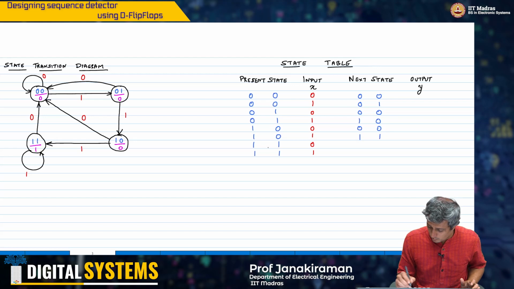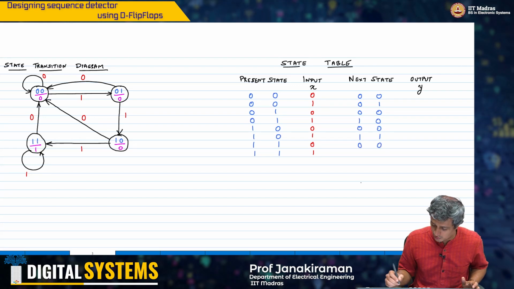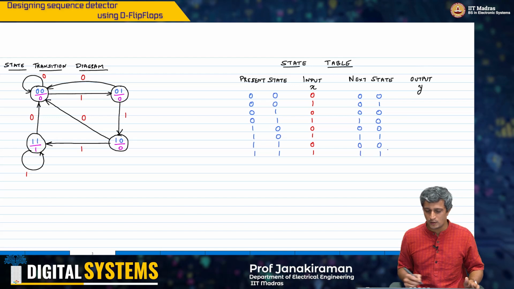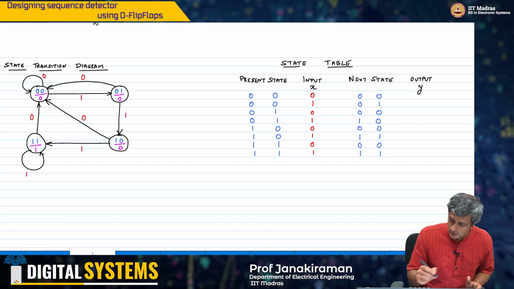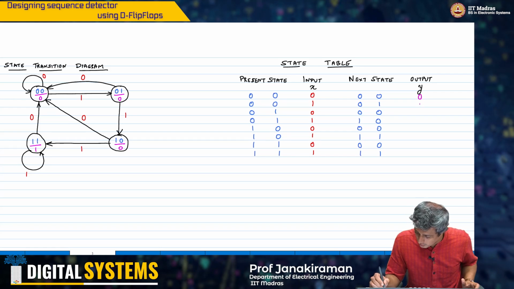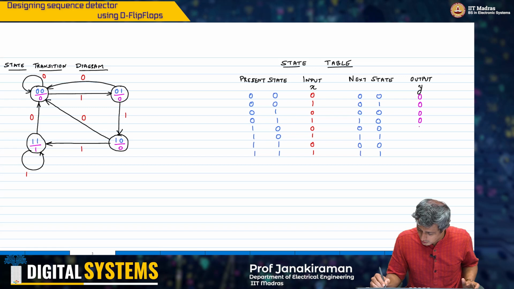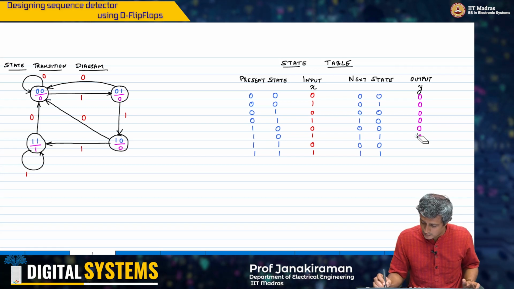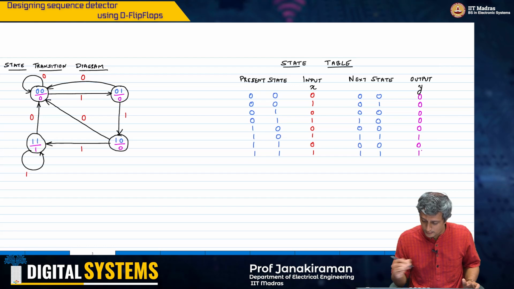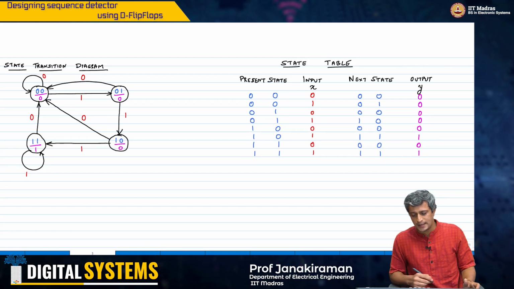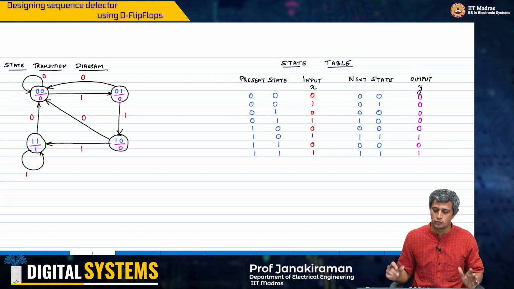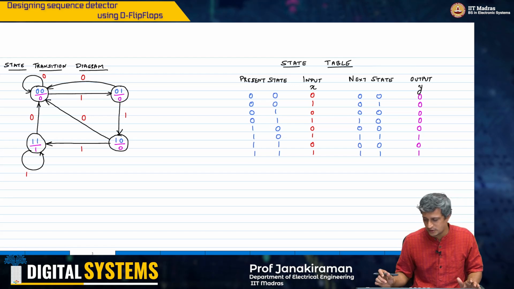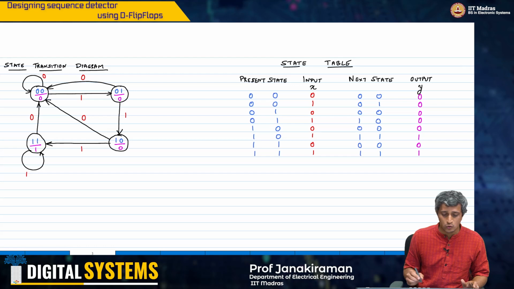Now at 1 1, if you get a 0, you go back to 0 0, otherwise you just stay in 1 1, and the output is very straightforward. You are just going to say 0 0 0 0, I mean here 1 0 1, right. That's exactly what you are going to do. So if the next state happens to be a 1 1, then you are done and you will get the output, right.